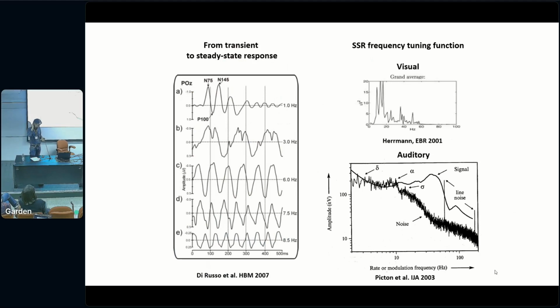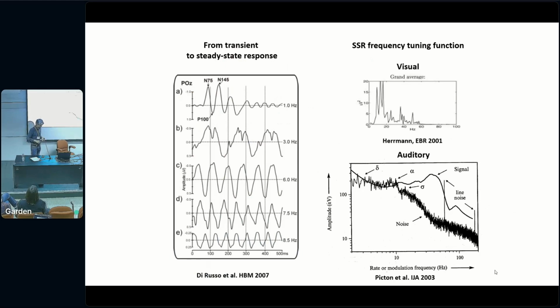So in more recent years, people said, maybe we can use this kind of stimulation to study higher order responses. And so they started using lower frequencies. So from here, we come back to here, and these delta and theta frequency ranges are the ones that I will talk to you about for many reasons.